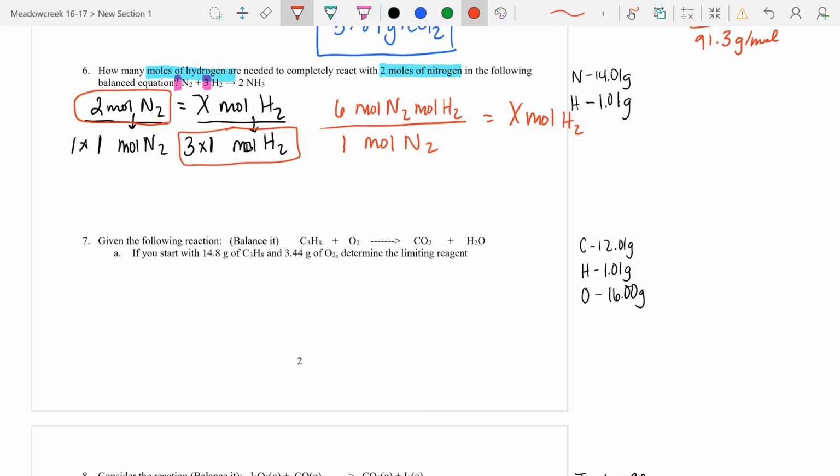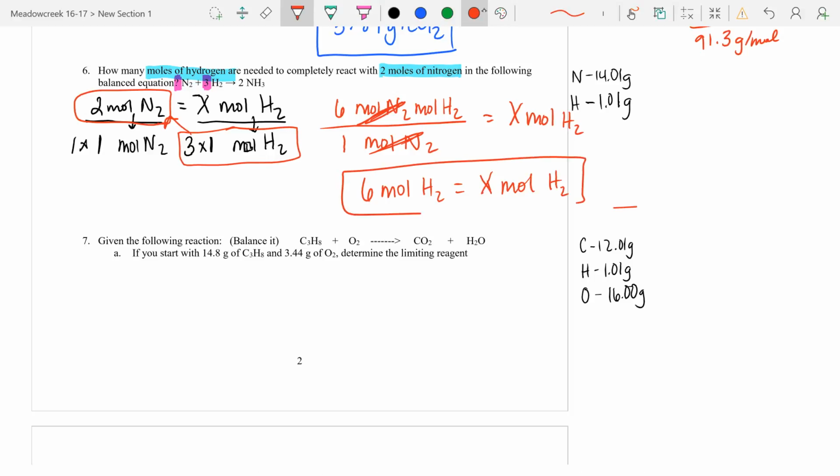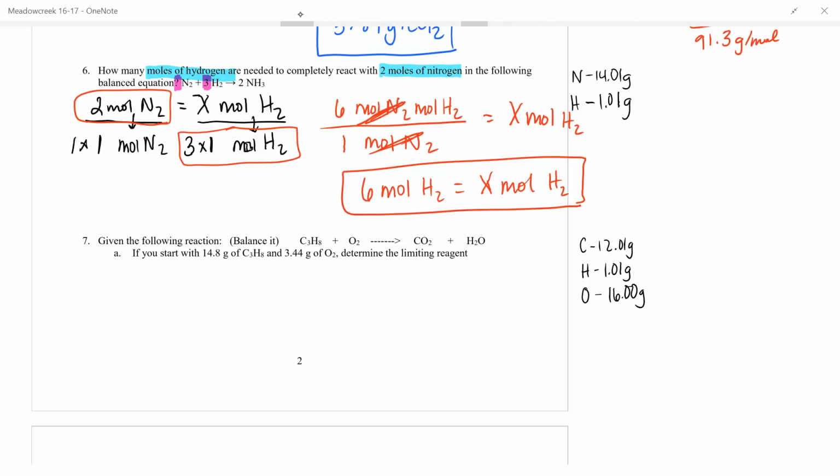And that 6 divided by 1 is 6. And my moles of nitrogen here cancel out with moles of nitrogen here. So I have 6 moles of H2 is equal to my X moles of H2, which is perfect for what we need because my units match on both the left and the right side, which is always a good sign.